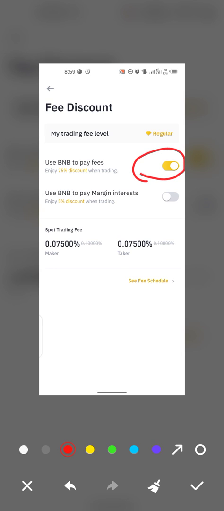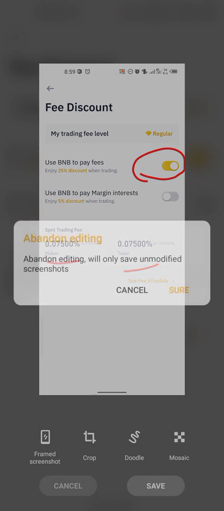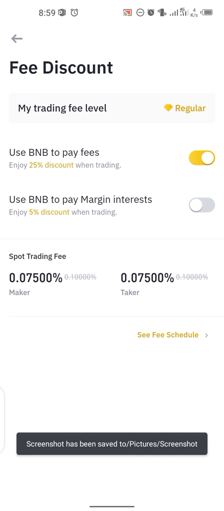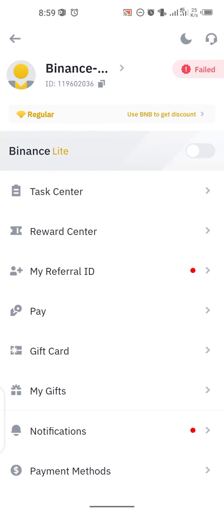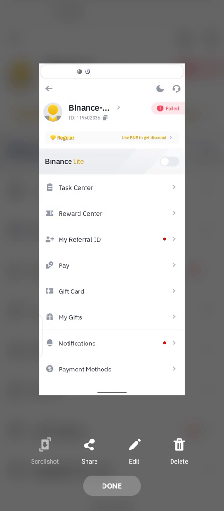So instead of you paying 0.1 as maker fee and 0.1 as taker fee, you will now be able to pay 0.075. So you need some BNB to make this happen. But remember, if you provide your referral ID, when you see here there is my referral ID, I hope you see it.